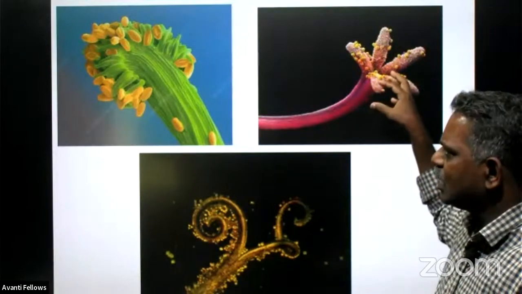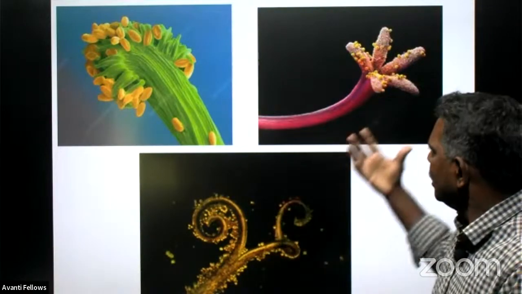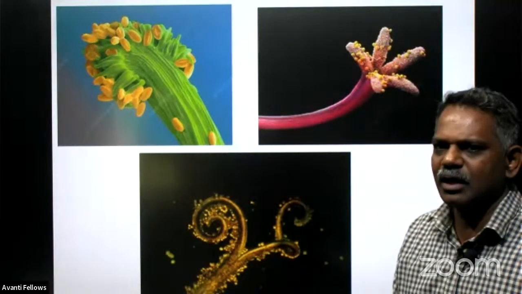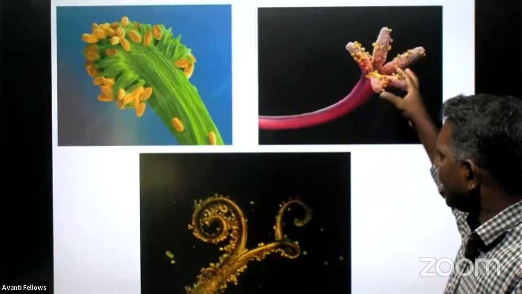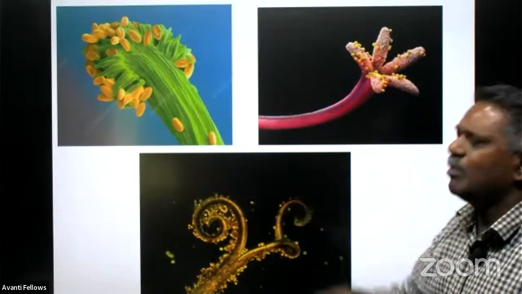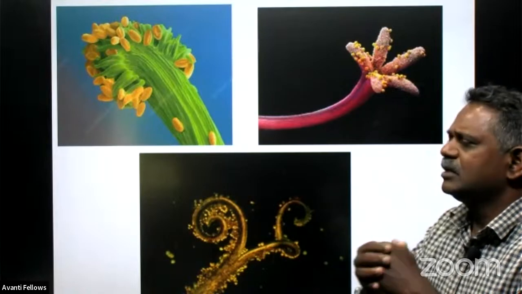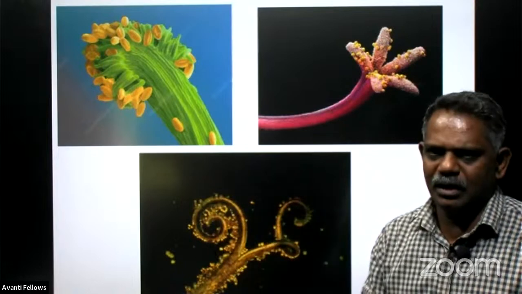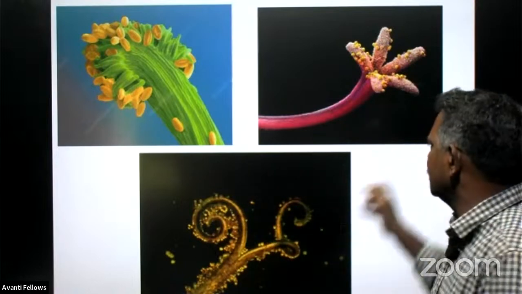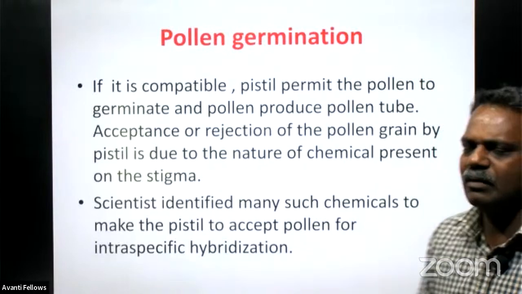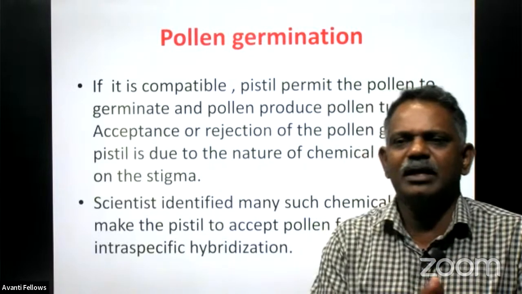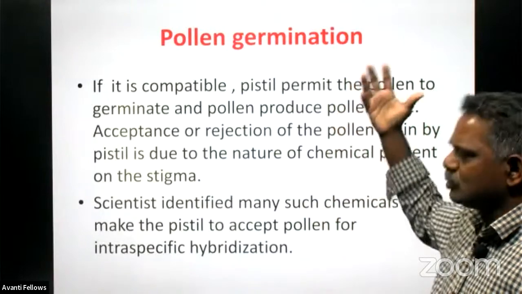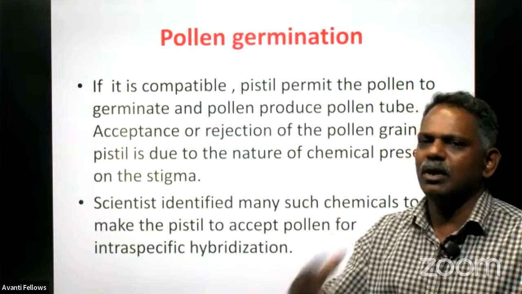Once it is attached, there is a type of chemical conversation between the stigma and the pollen grain to identify compatibility. Once it is identified as compatible, the stigma permits the pollen grain to sprout and produce the pollen tube, right? Then come to the next topic.